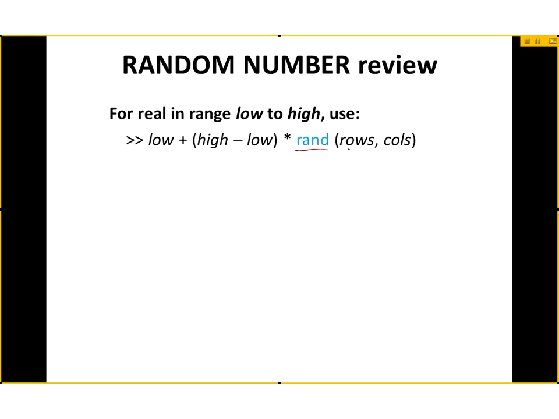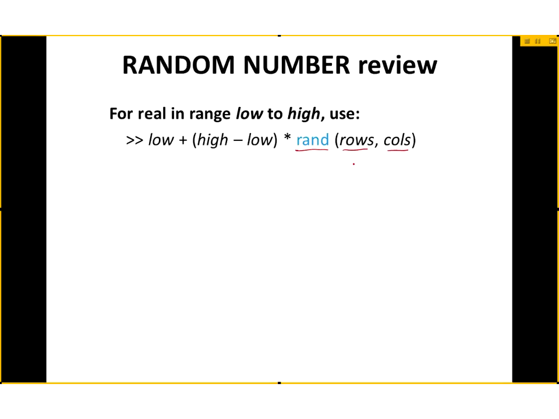And you'll remember that the input arguments for the rand function are the number of rows and columns of random numbers that you'd like to generate. And those input arguments are optional, so if we just say rand, we'll get one random number. If we give it a number of rows and columns, we'll get an array of random numbers.